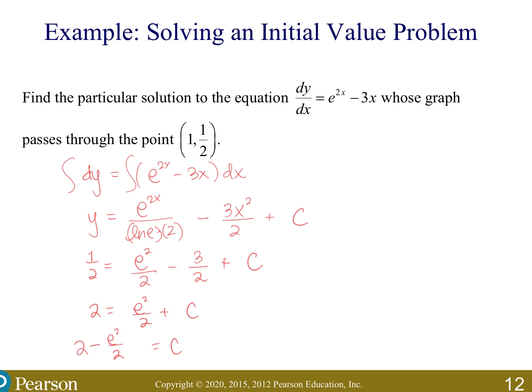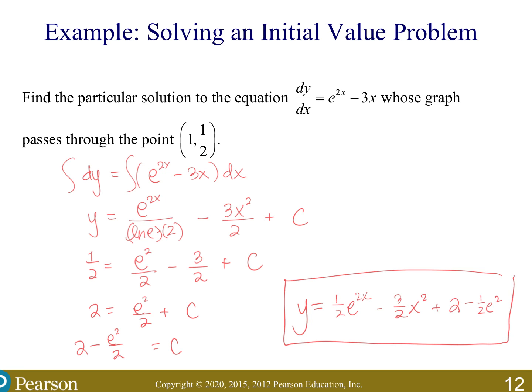So that's your c value, so then you should have a specific solution. So y equals, I'll write it as 1/2 e to the 2x, that's the same thing as e to the 2x over 2, minus 3/2 x squared, plus the constant 2 minus 1/2 e squared. So that's what's called a particular solution or a specific solution.